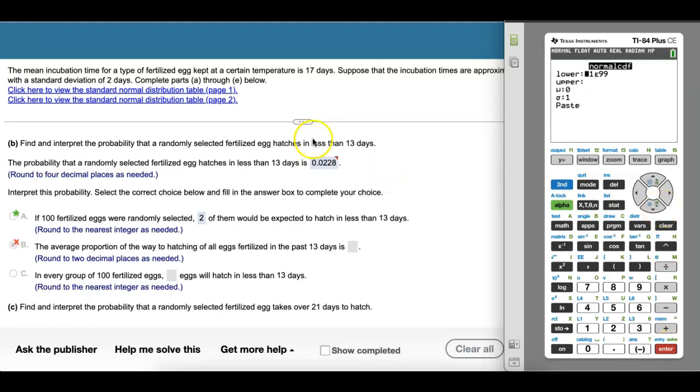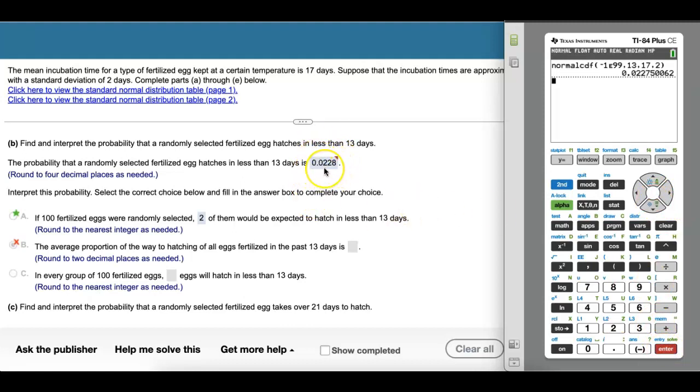And this is a less than option, so the lowest bound I'm just going to leave as it is in the calculator. The upper bound is 13, the mean was 17, and the standard deviation was 2. And that's how I arrive at this answer.